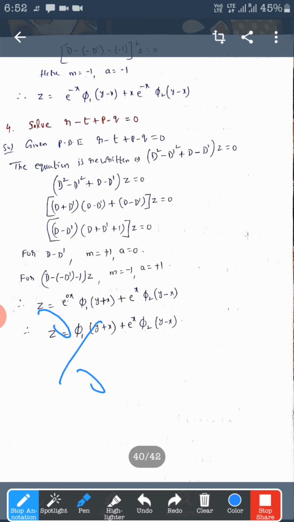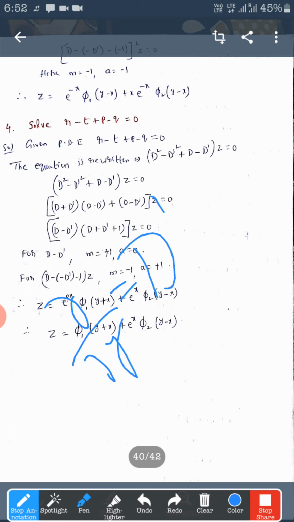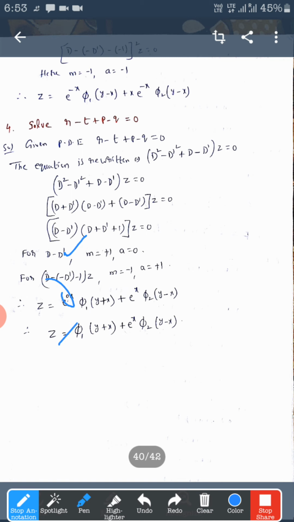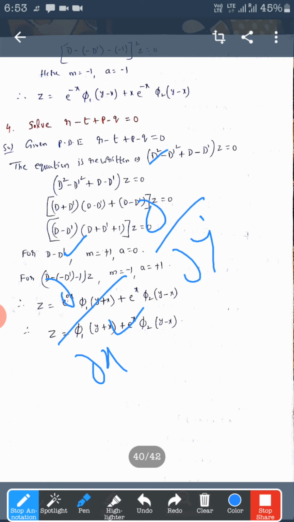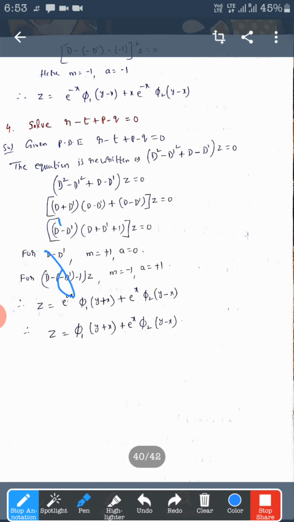Similarly, dou by dou x means capital D, dou by dou y means capital D dash. These are the important things you have to remember. R means dou square z by dou x square. T means dou square z by dou y square. P means dou z by dou x, and Q means dou z by dou y.